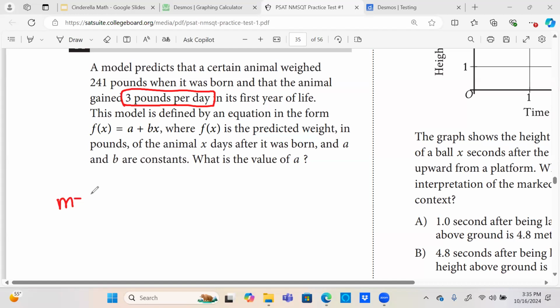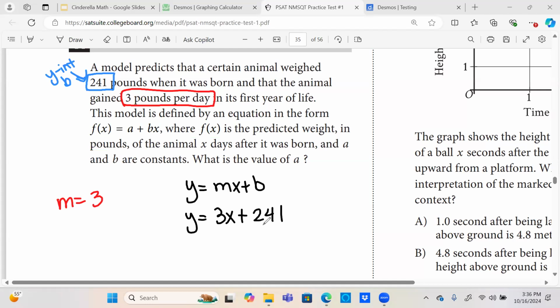So m is 3, and the starting value, right, your starting value is your y-intercept, which is usually b. So usually a line looks like this, y equals mx plus b. So we could say y equals 3x plus 241.